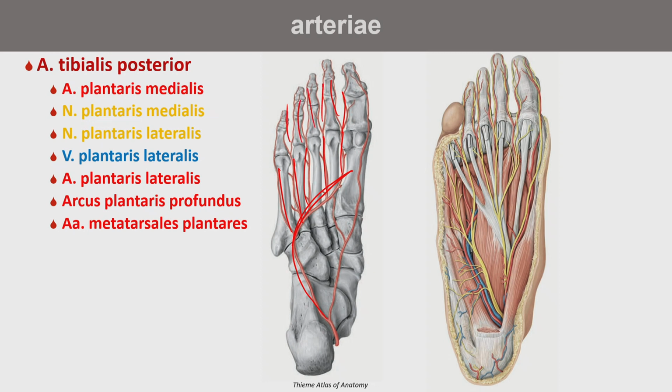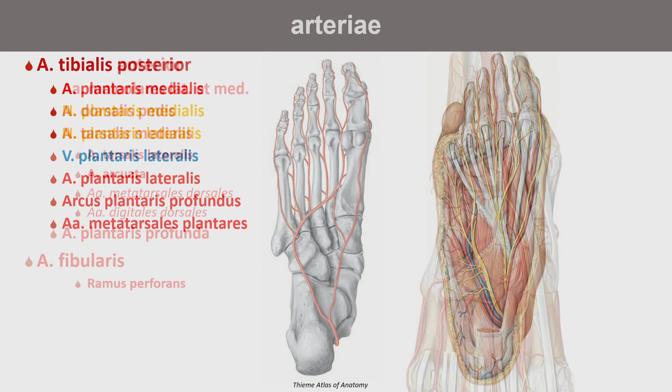And the medial branch is analogous to the princeps pollicis system of the hand, supplying the hallux region and the hallux edge of the foot.